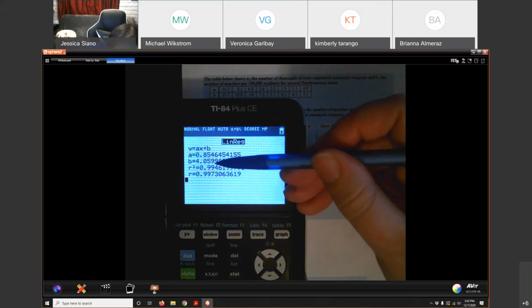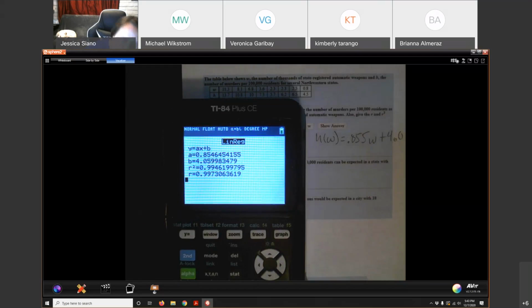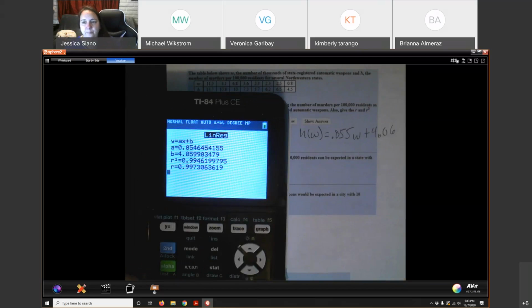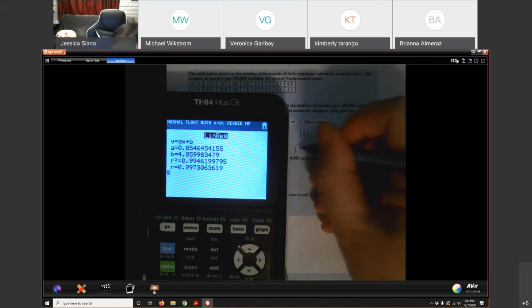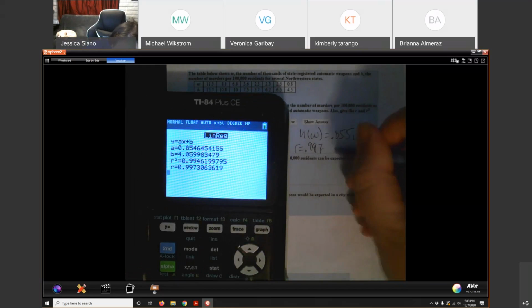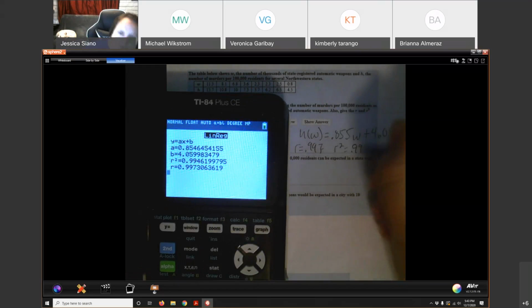This 9 is going to round up, which is going to round this 5 up. So 4.06 would be 3 decimal places. It's really 4.060. And then R is 0.997 and R squared is 0.995.